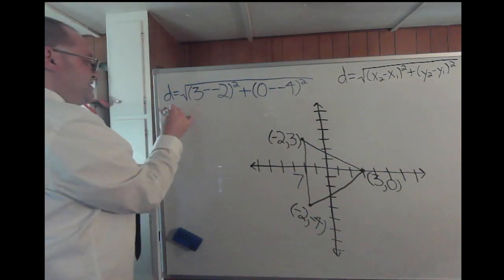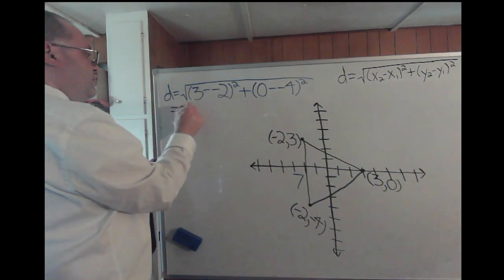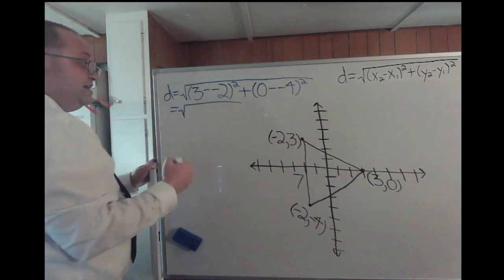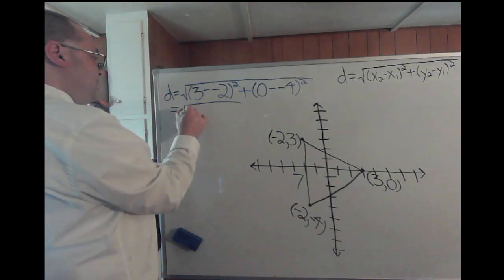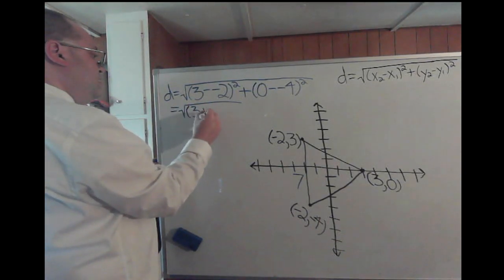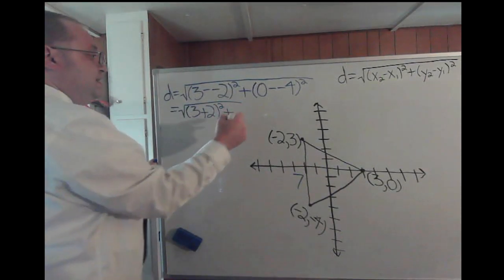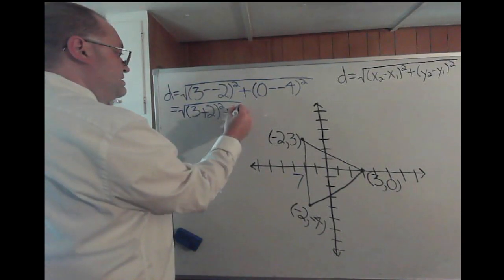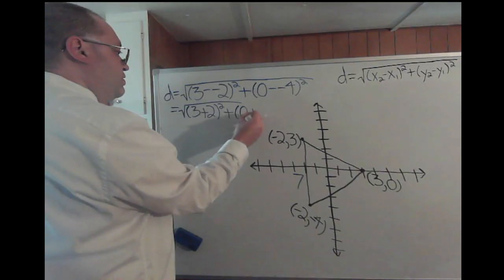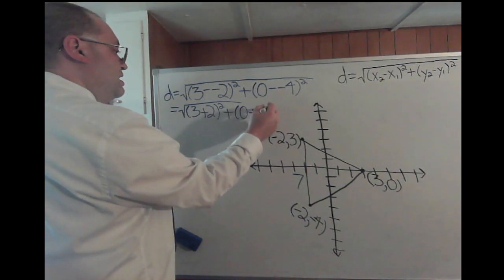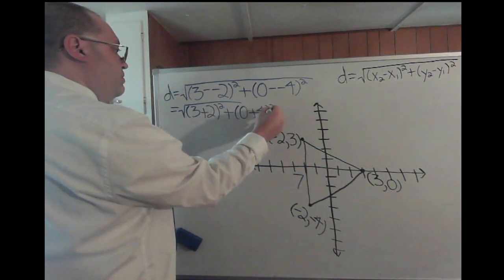Let's simplify this a bit underneath the square root. That 3 minus negative 2 is the same as 3 plus 2, so you have 3 plus 2 to the second power, plus 0 minus negative 4, which is the same as 0 plus 4, to the second power.